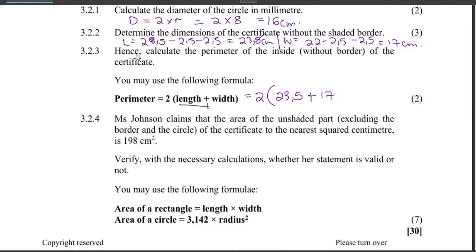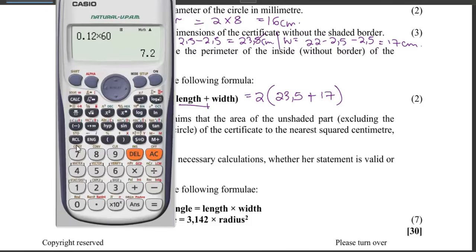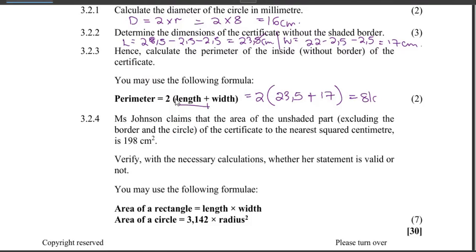It's 17. Close those brackets there. Having done it, this is one mark. So now you're free to pick it and put it in your calculator. Yes, say 2 open brackets 23.5 plus 17 equals 81. You understand? Straightforward. Don't forget the units.